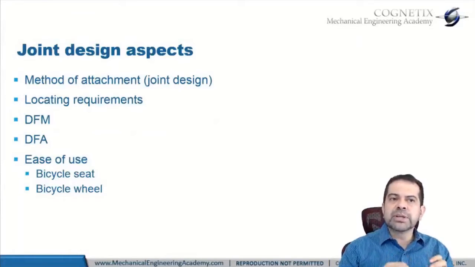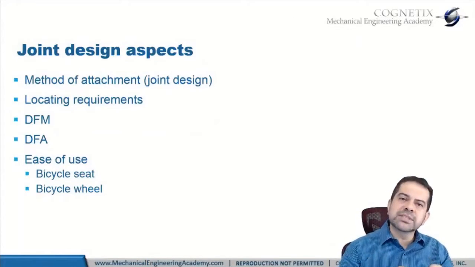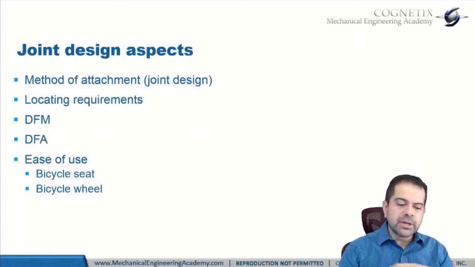Maybe it's a component that is going to be removed throughout its lifetime by the user, and you want them to be able to reassemble it into the same previous location. So same location every single time, so you need to design in a locating feature. Sometimes you do not. Okay, and we'll get into more detail as we go.